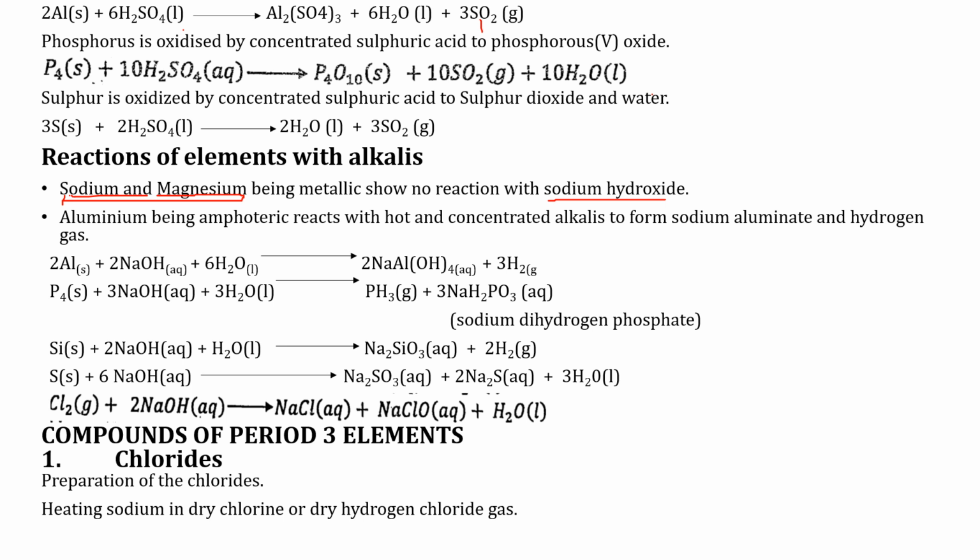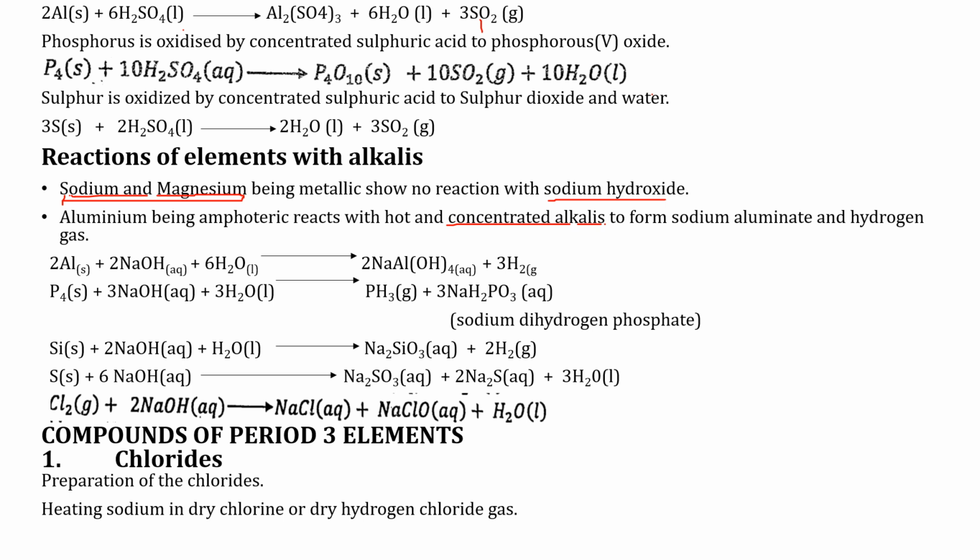However, aluminium is going to react with hot concentrated sodium hydroxide or hot concentrated alkalis. We just need alkalis always represented by a hydroxide ion. So a student who writes an ionic equation is better. But here I didn't use ionic equations.